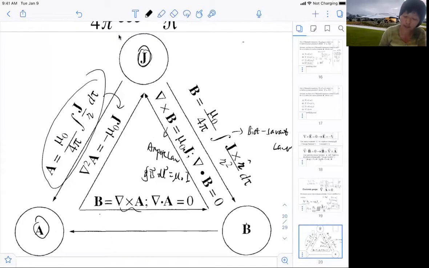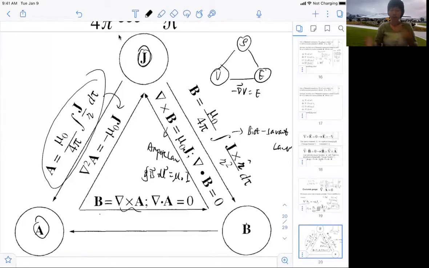It's very similar to the relationship we have in terms of rho, V, and E. Sometimes from rho to E you use direct integration, or you use Gauss's law. In all of chapter 3 we went to V first, and you take the gradient of V to get your E. So again it's very similar, like a triangle relationship.